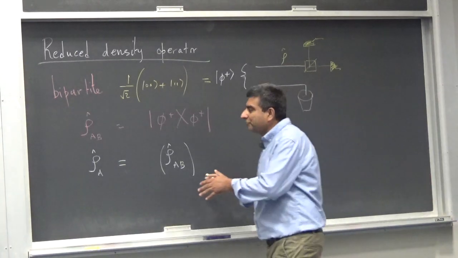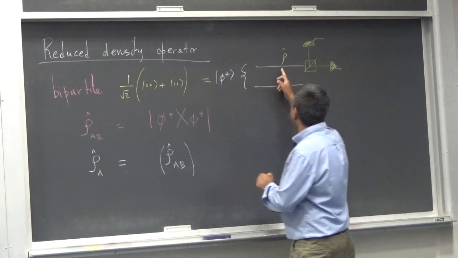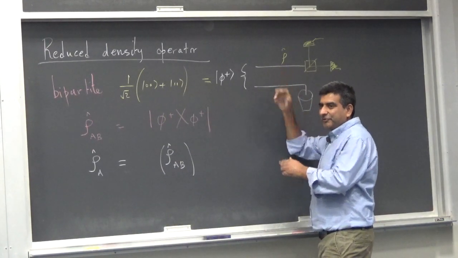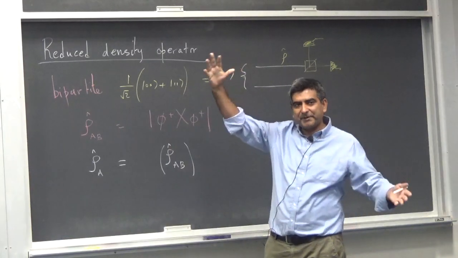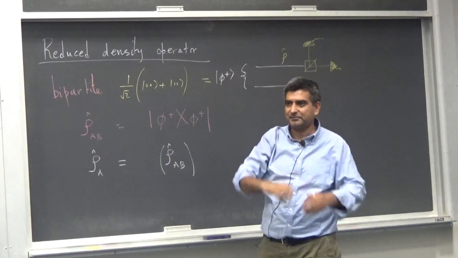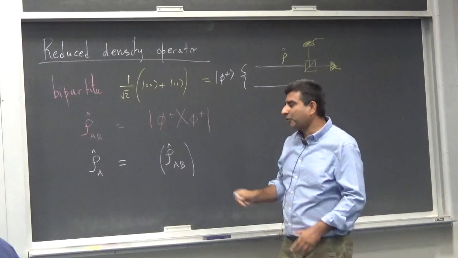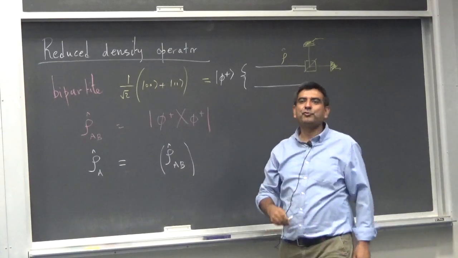Now you don't want to do the trace all the way, because after all you want a density operator here. So you have a four-dimensional system, and from that four-dimensional system you want to get it into a two-dimensional system. Right? From 2 qubits you want to get into 1 qubit. So you don't do a trace all the way, you do a partial trace.